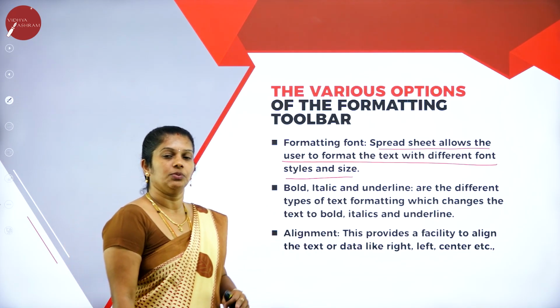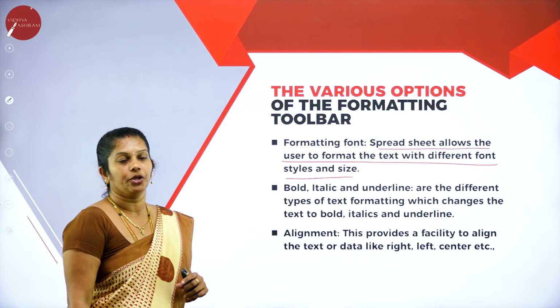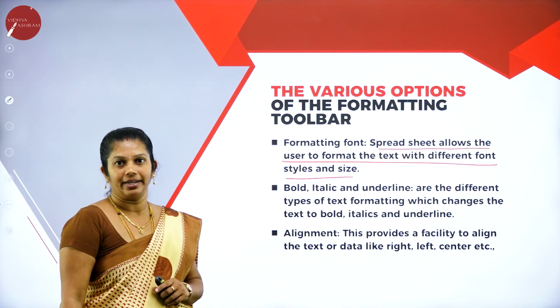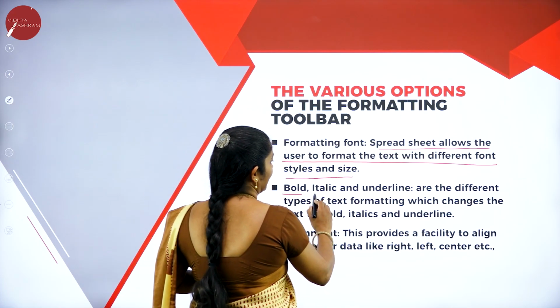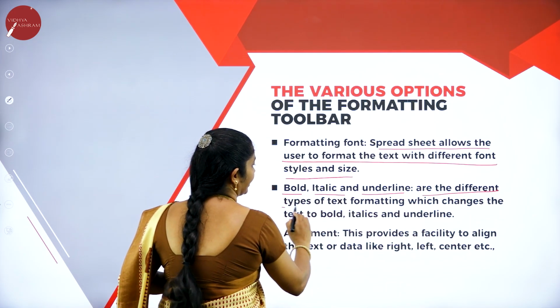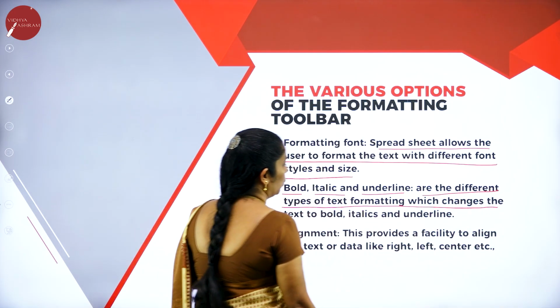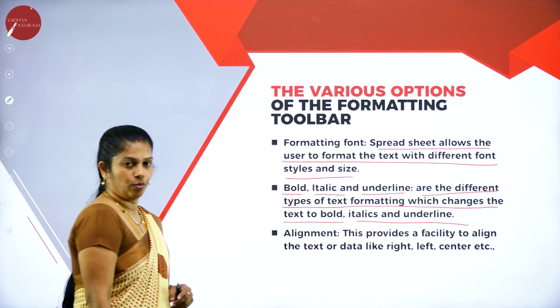Whichever size, color, or style we want, we can give by using this formatting font. Under that, I can make the text bold, italic, or underline, or other different types of text formatting which change the text to bold, italics and underline format.